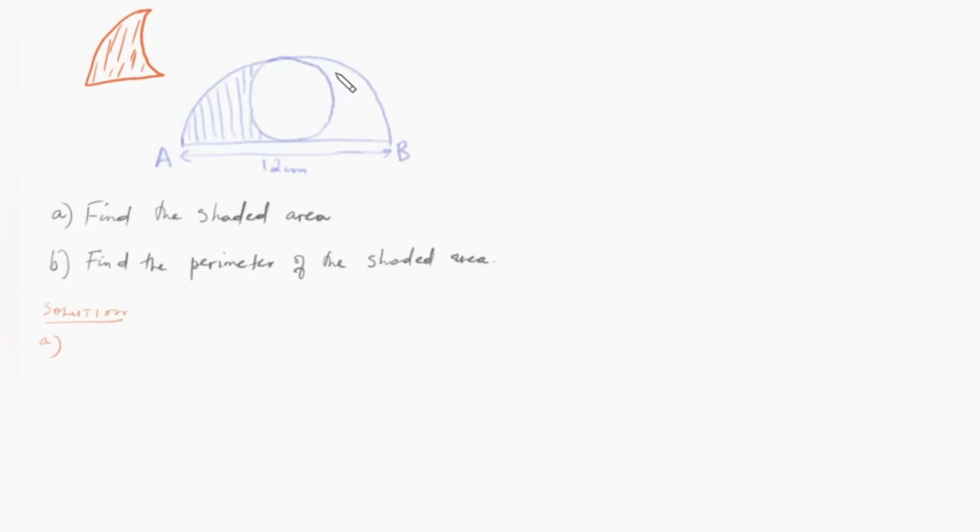Then we will have the area of this plus this one here. If we find the area of the semicircle and the area of the circle, and then subtract the area of the circle from the area of the semicircle, we will have the shaded area here.